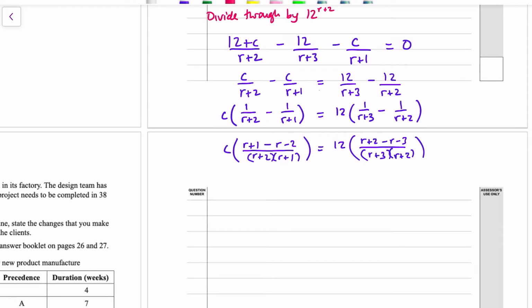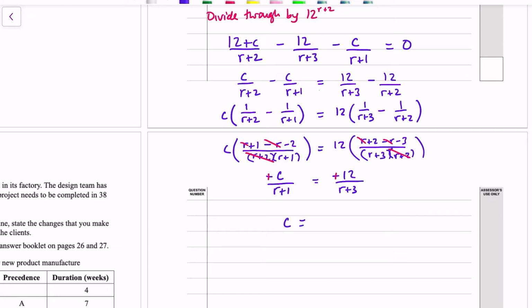I can cancel the r plus 2's on both sides. I can cancel those. I can cancel those. And you can see that there's a negative 1 on the left-hand side in the numerator, so it's negative c over r plus 1 equals negative 12 over r plus 3, so I can get rid of the minuses, make them pluses.